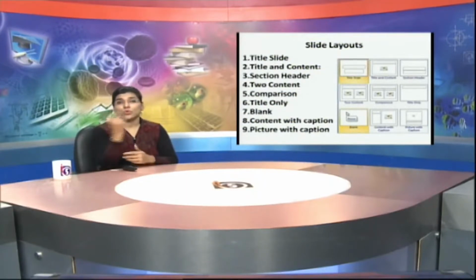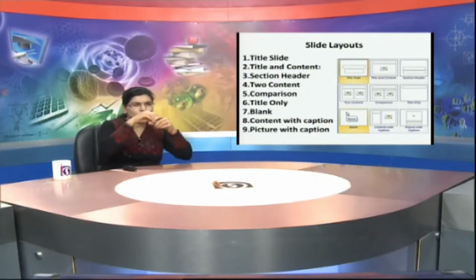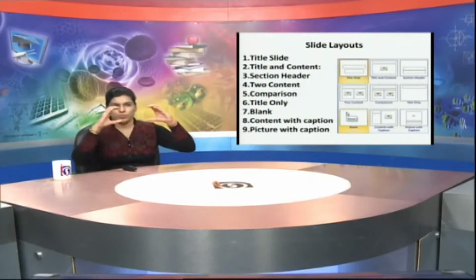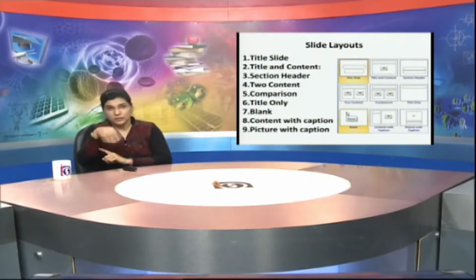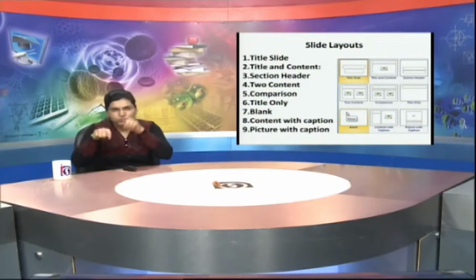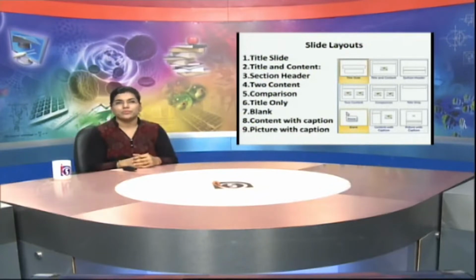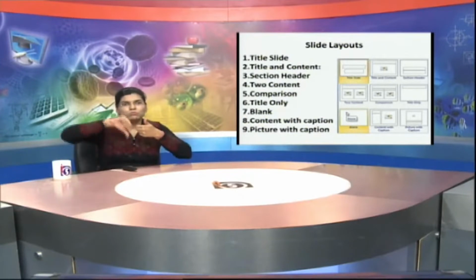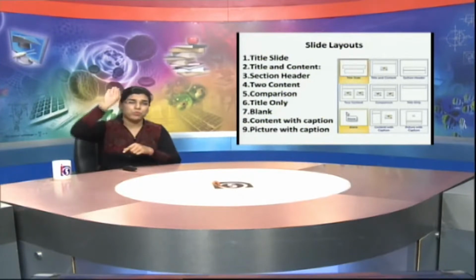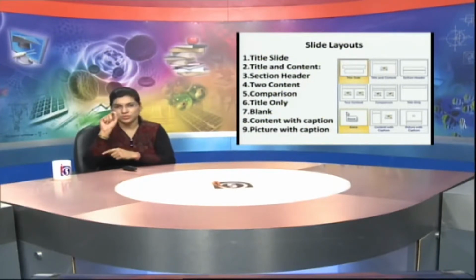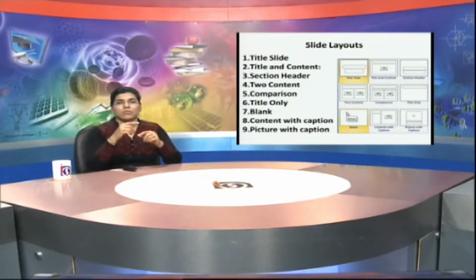Fourth is two content. You can add 2 pictures, 2 graphs all together to show the comparison or the differentiation. And the fifth is comparison, where you can compare the old data to the latest data.